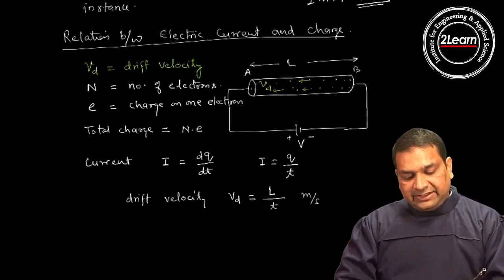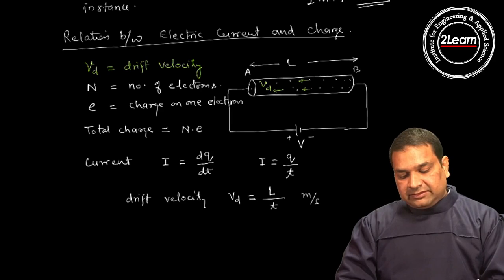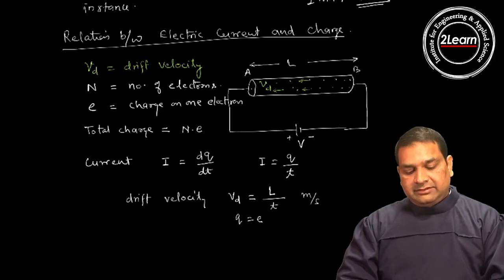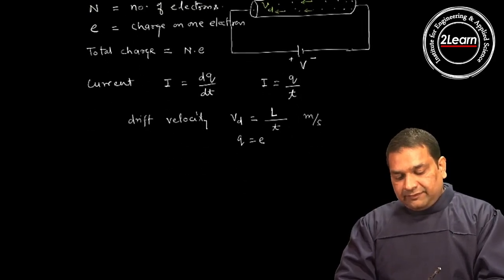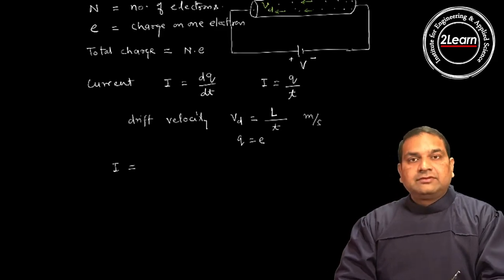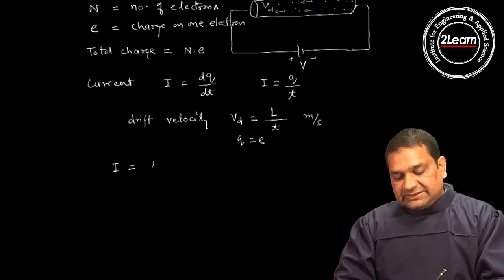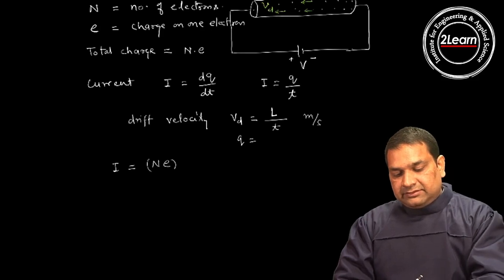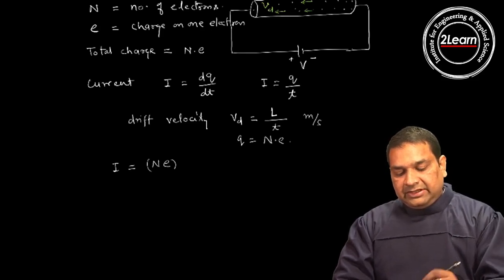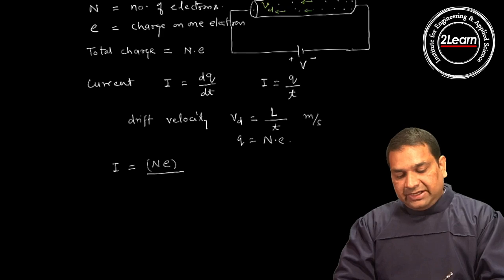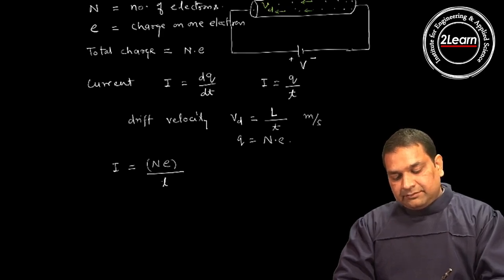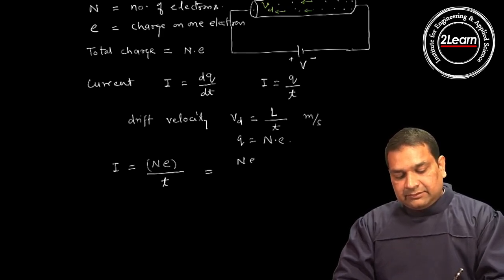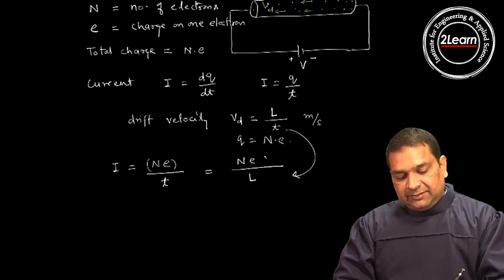So Vd is L by t, and the total charge Q equals n E. So I equals Q by time, that is n E divided by time, and from here time is L by Vd.